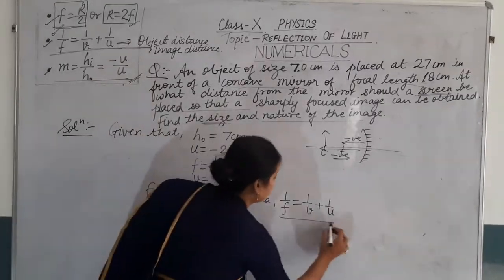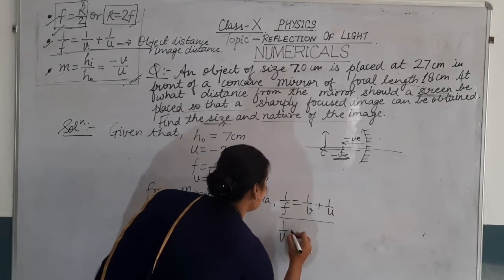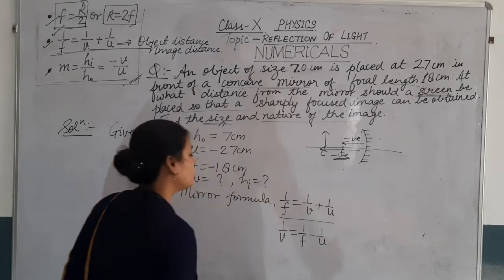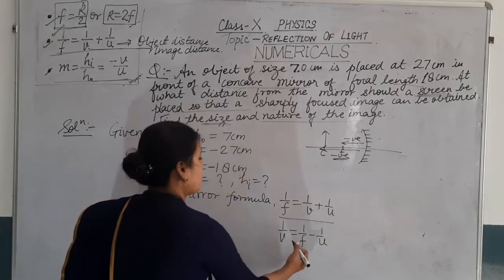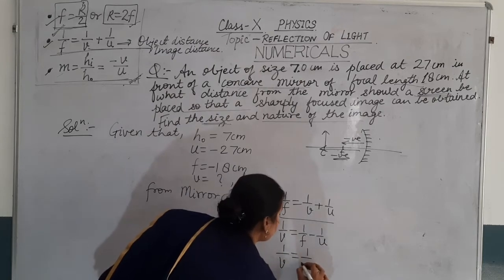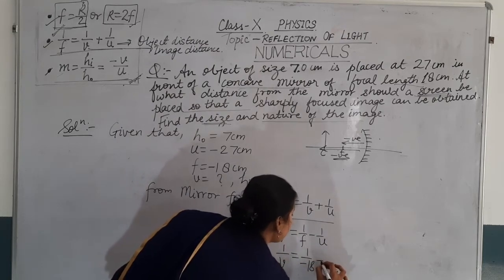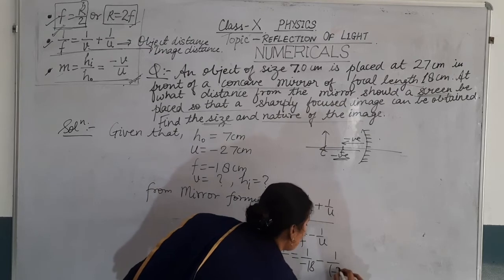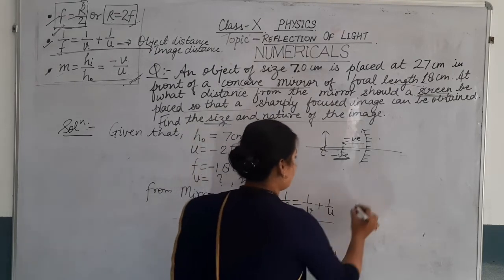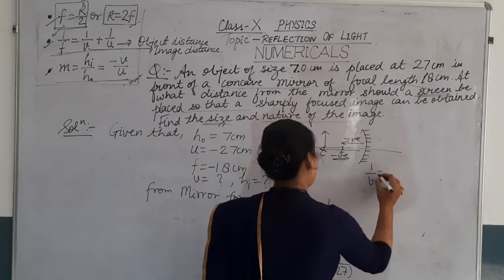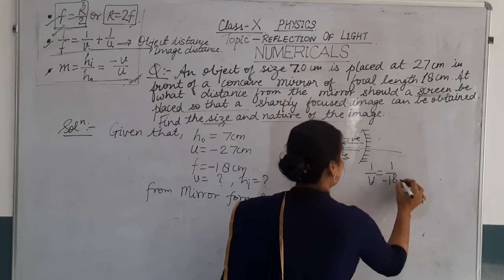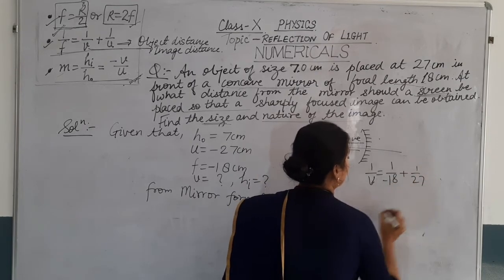We can also write this equation as 1 upon v is equal to 1 upon f minus 1 upon u. Now putting the values of f and u in this equation, 1 upon v is equal to 1 upon minus 18 minus 1 upon minus 27. This minus minus will become plus, so we can write it like this also, 1 upon v is equal to minus 1 upon 18 plus 1 upon 27.